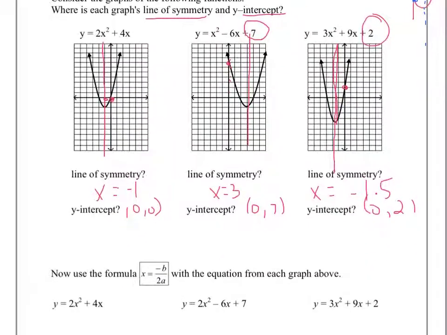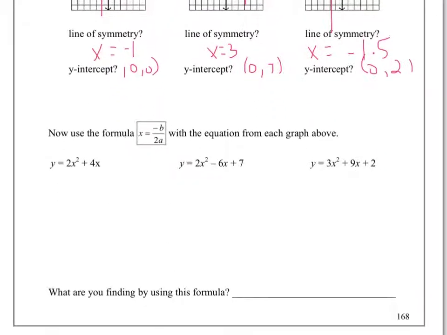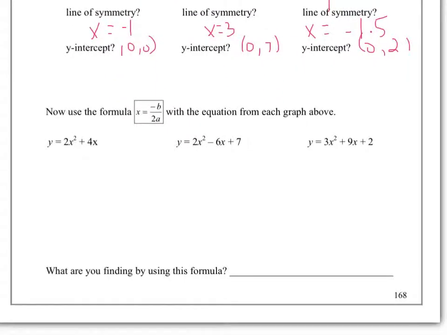In the next part down here, this is the formula that we're going to use to find the axis of symmetry. If you don't have a graph, you can use the same formula. For the first one, we know that this is a, here is b, and we don't have a c term, so it's just +0.